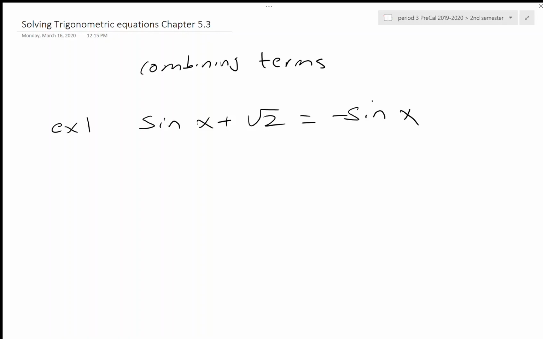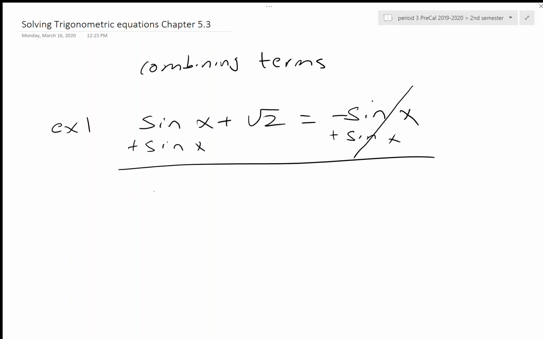So anything with a trigonometric function, we're going to move to the left side. Anything without, we're going to move to the right side. So when I move this over, sine of x plus sine of x equals 2 sine of x, plus square root of 2 equals 0.